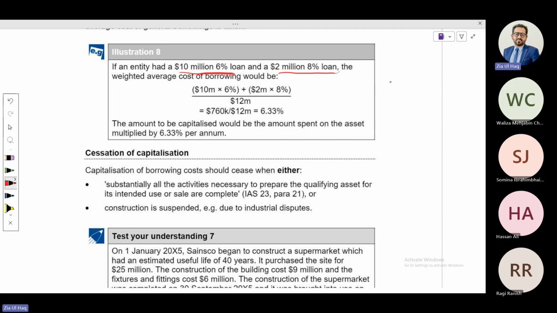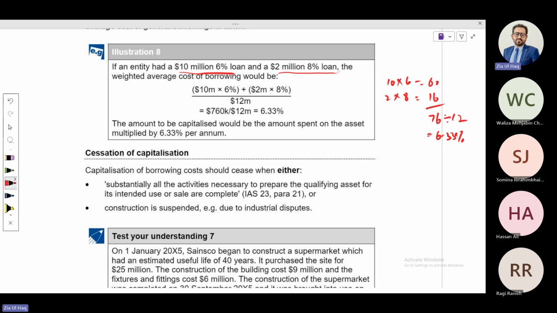How? 10 into 6 is equal to 60. 2 into 8 is equal to 16. Altogether it is 76. How much is the amount of loan? 12. So 76 divided by 12, the rate will be 6.33%. That will be the borrowing cost interest rate that we need to charge.